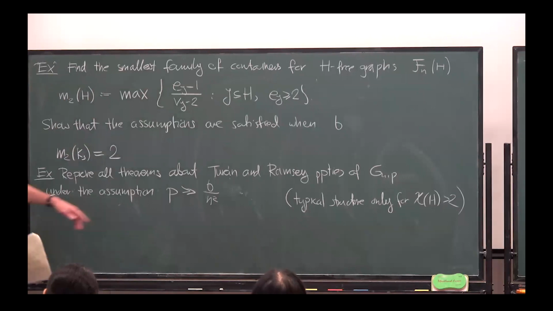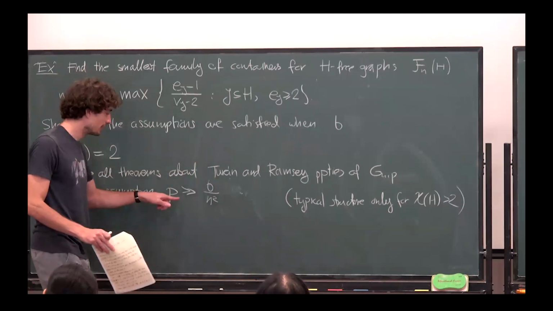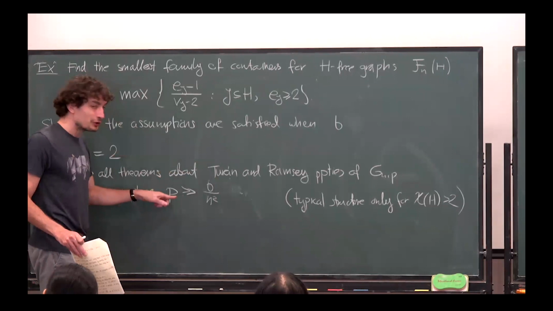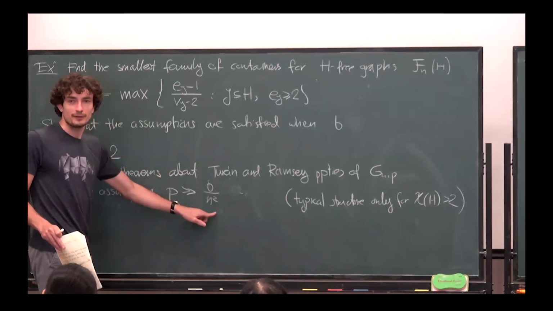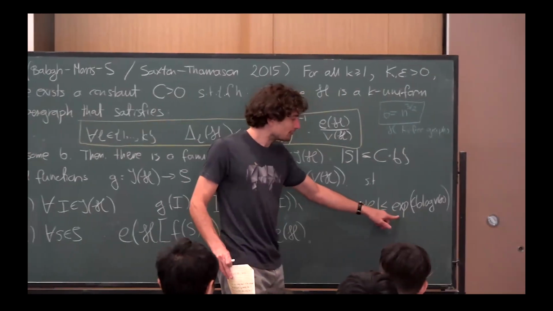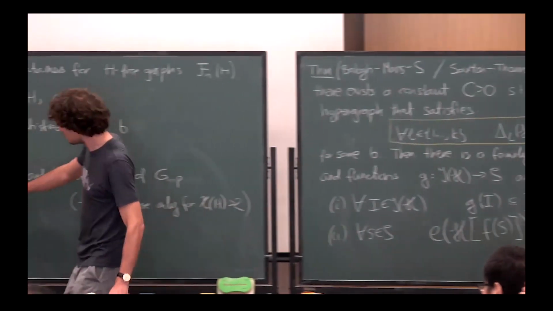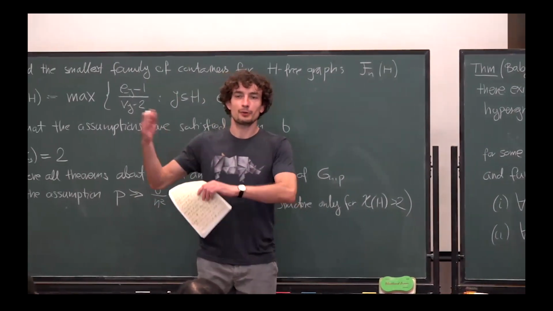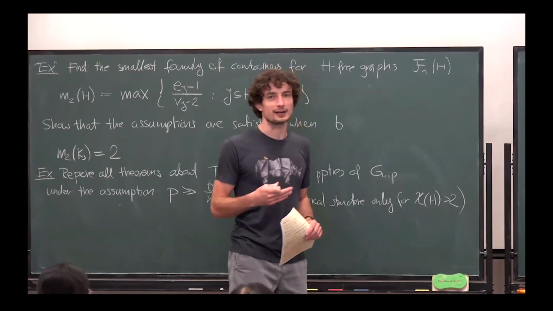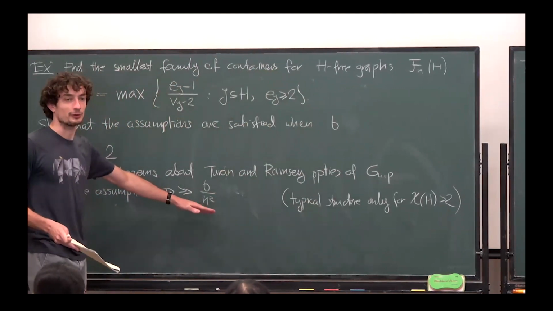Because we need to kill the union bound over all the containers, and our probability estimates are exponentially small in pn squared, whereas the size of the union bound is roughly exponential in B. So as soon as pn squared is much larger than B, the probability estimate will kill the union bound, and we'll be able to push through these arguments. So this is kind of hand waving, but this is essentially what is happening here.